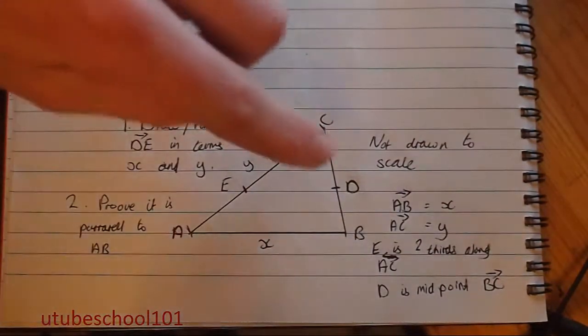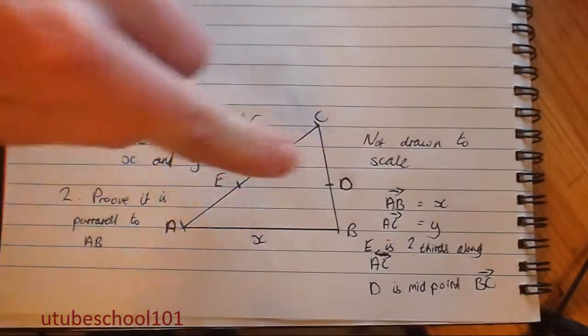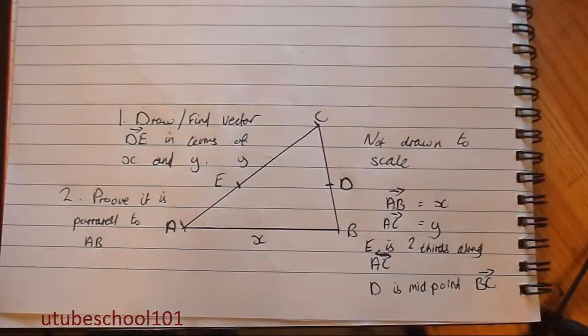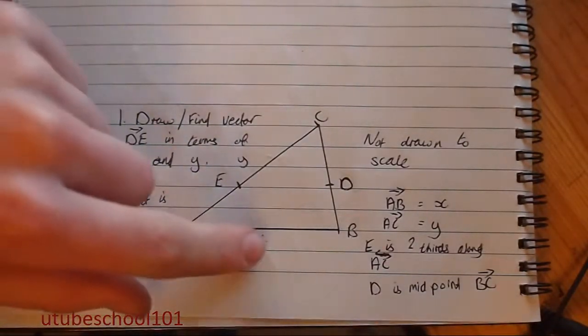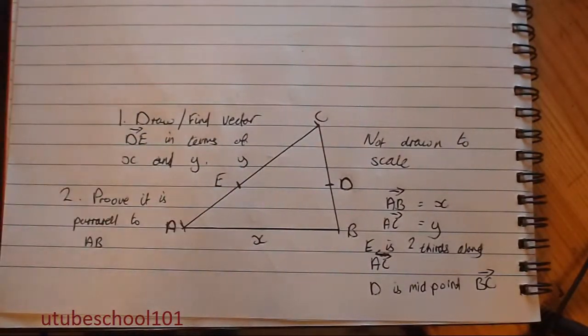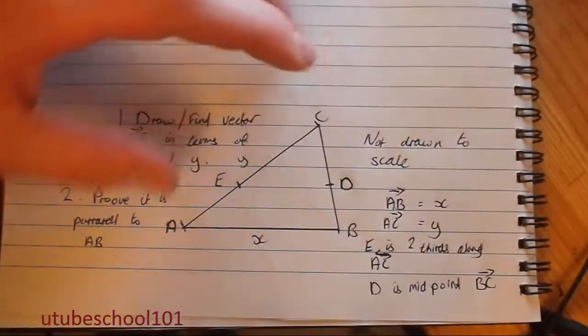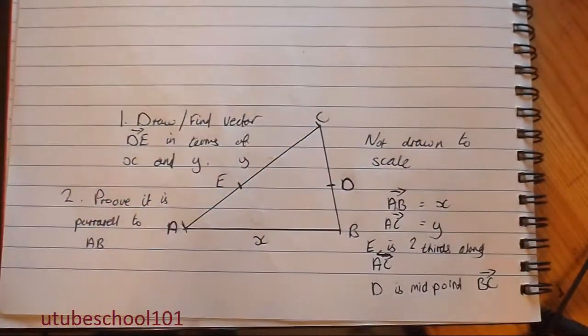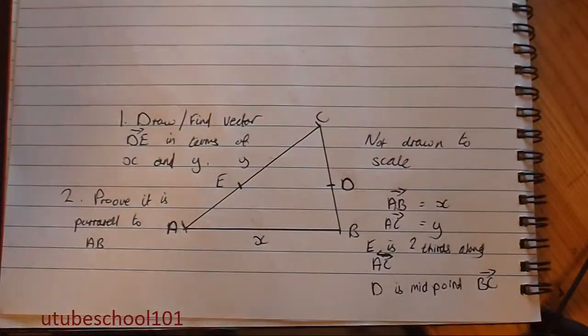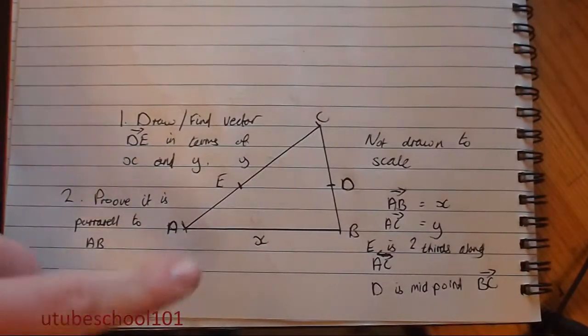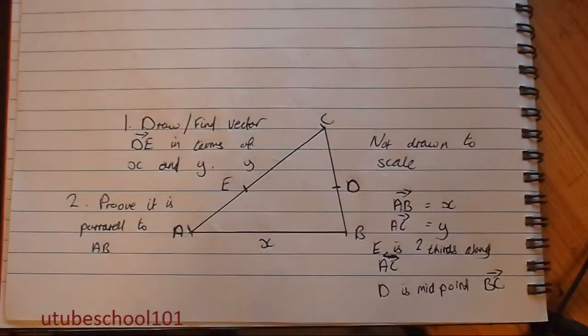So we have to find the vector to get from D to E, expressing that using X and Y. A to B is X, and A to C is Y. And in the second part of the question, we have to prove that this vector is parallel to AB.